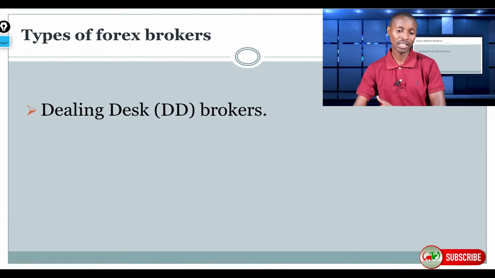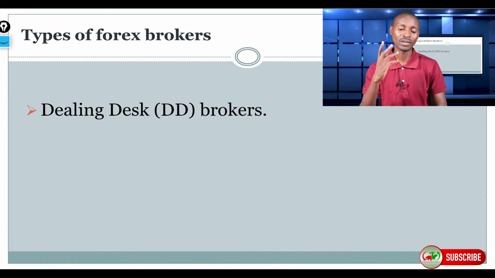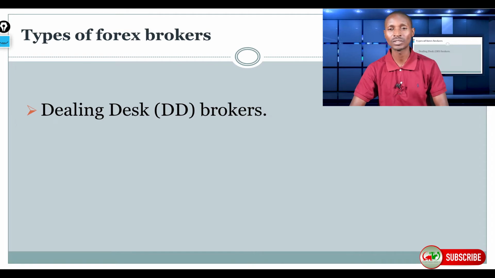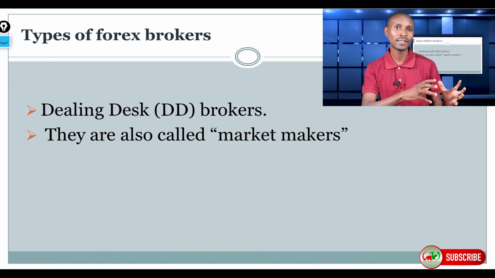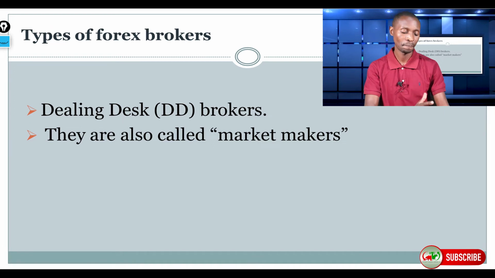There are different types of Forex brokers out there, but they fall into two categories. One is what we call dealing desk brokers, also called market makers. These brokers take the quotes of the market from the central banks, and they readjust the bid and ask price.